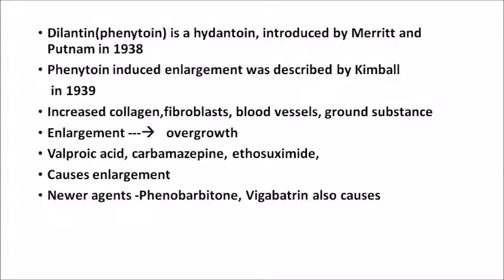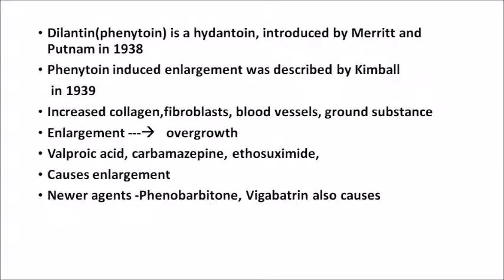So how is the enlargement happening? It is because of an increase in the collagen, increase in the fibroblasts, increase in blood vessels, increase in ground substance. So all the underlying structures are getting increased. Now the term enlargement is largely being replaced by the term overgrowth. Why? Because it is not a mere enlargement of the gingiva, it is considered as an overly produced natural growth of the tissue.